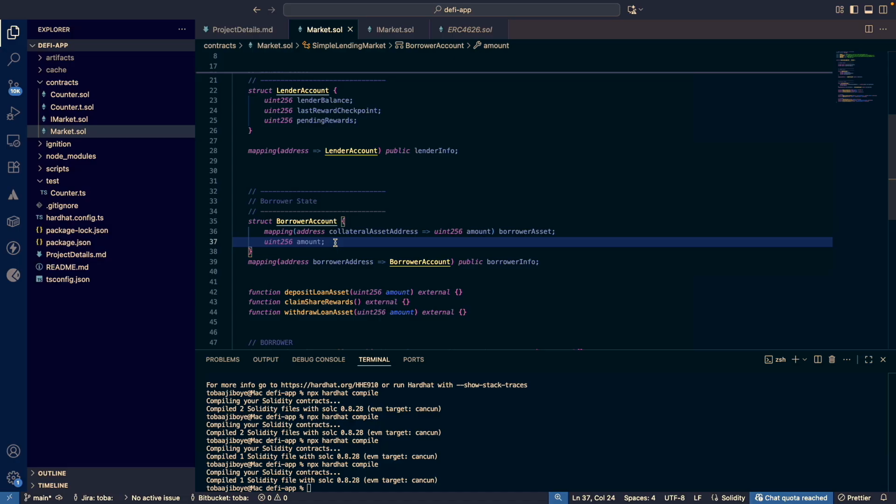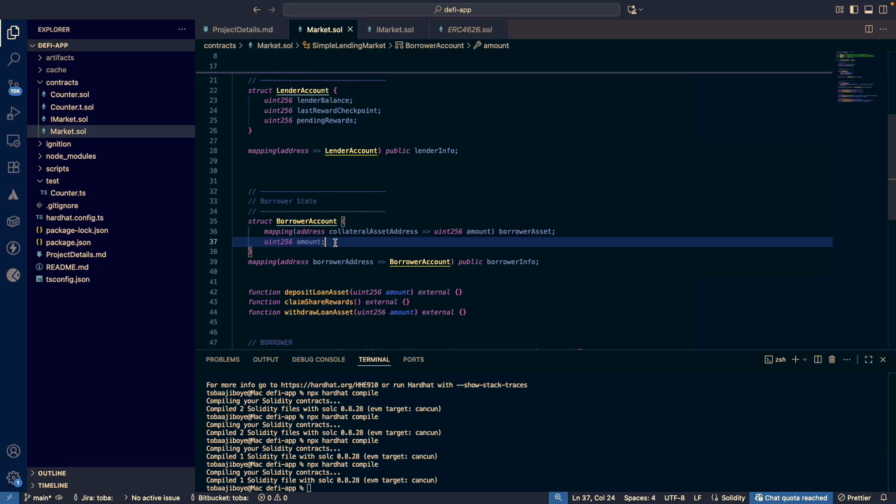You know what? Let's leave it out for now. In the future, I can think about adding active loan count and liquidated loan count, and then we can use a combination of it to estimate a borrower's creditworthiness. Should I add it now? You know what? I'm gonna add it so I don't forget.